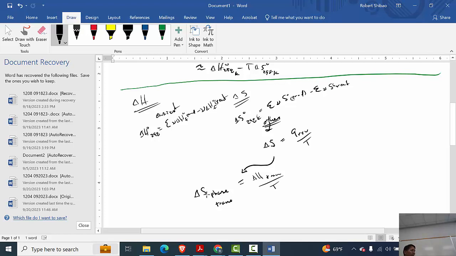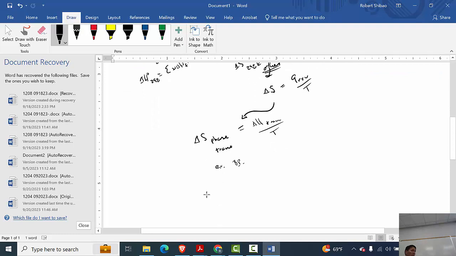An example would be calculating the boiling point. The temperature of the phase transition, the boiling point, is equal to delta H of the transition over delta S of that transition. This is a calculation we just did. It turned out delta H is 44 divided by 0.118 delta S.